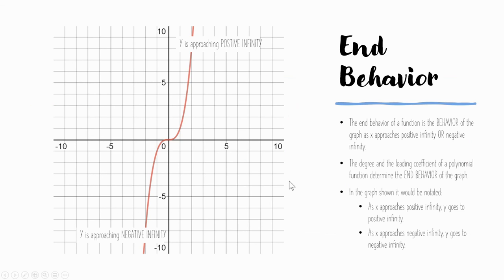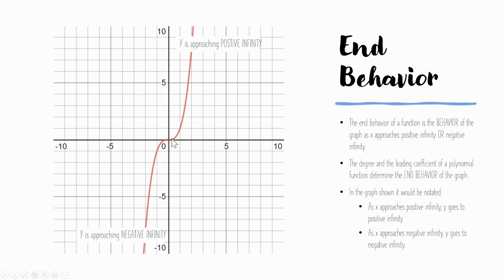Okay, last thing we're looking at is what is called end behavior. The end behavior of the function is the behavior of the graph as x approaches positive infinity or negative infinity. It's just what's happening at the very end of the function. The degree and leading coefficient of a polynomial determine the end behavior. For the graph shown, it would be noted as x approaches positive infinity, y goes to positive infinity.